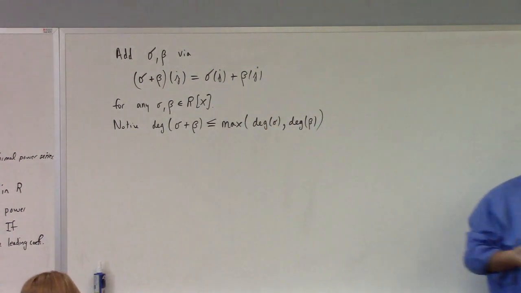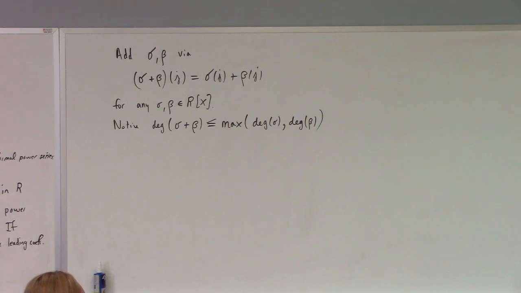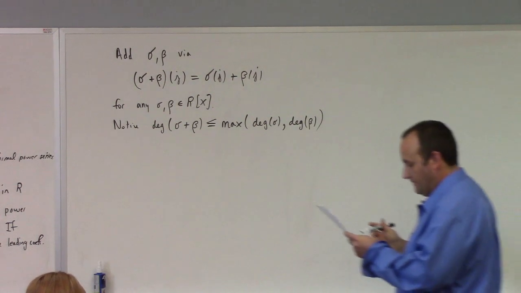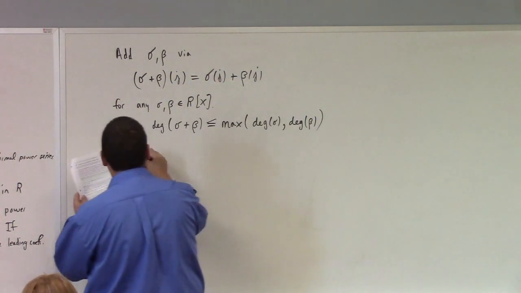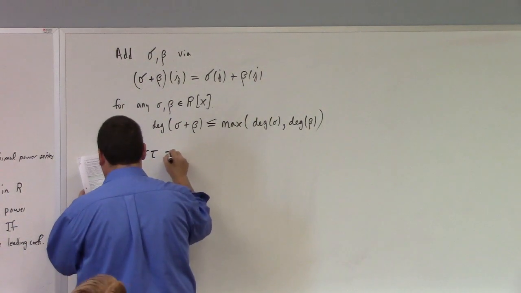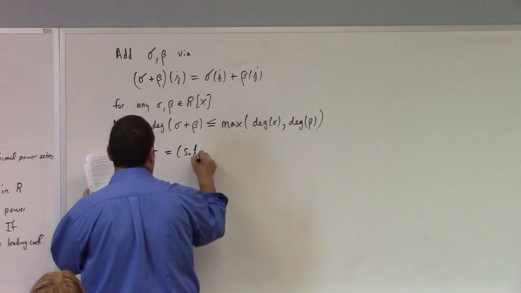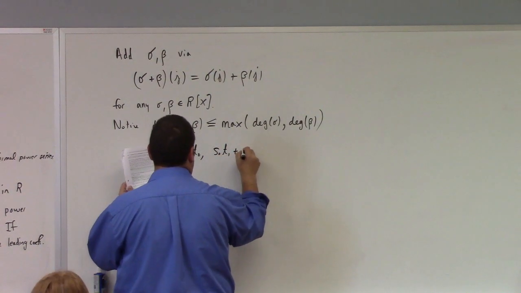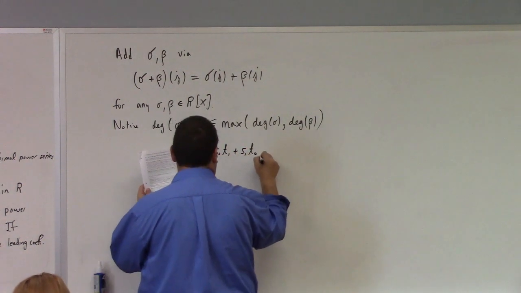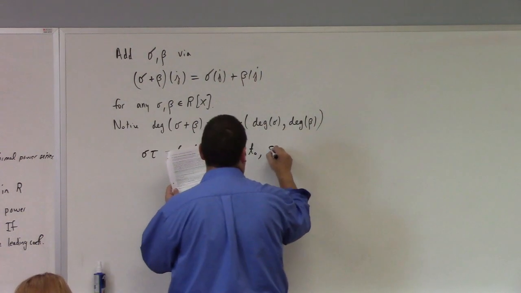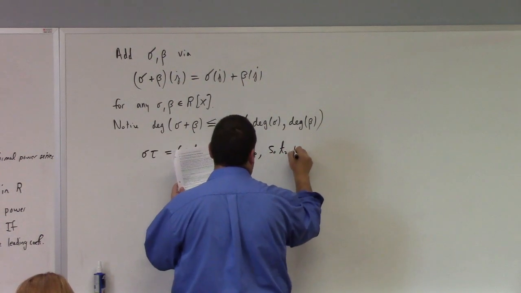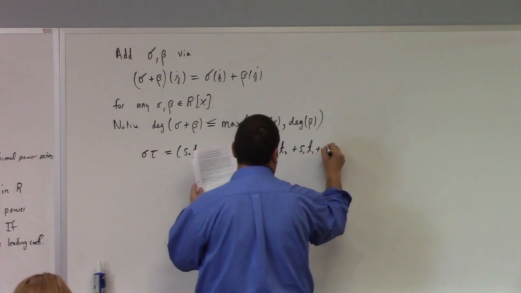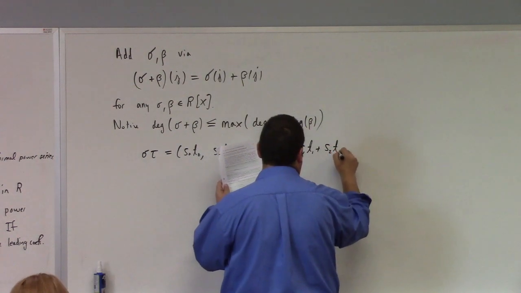So how should we multiply? Here's how you multiply them. Sigma tau is equal to S0 T0, and then S0 T1 plus S1 T0, and then you've got S0 T2 plus S1 T1 plus S2 T0.